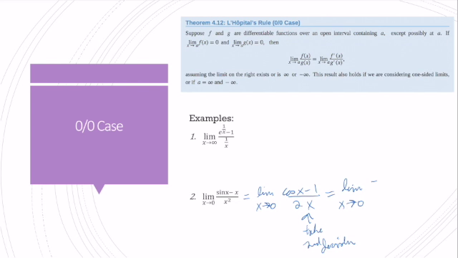It's nice to know we can apply L'Hôpital's rule multiple times. So now if I take the limit as x goes to 0, that gives me negative sine of x over 2. Sine of 0 is 0, so I get 0 over 2, which is 0.